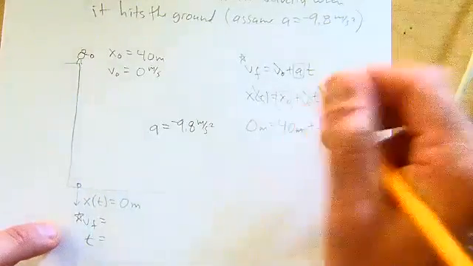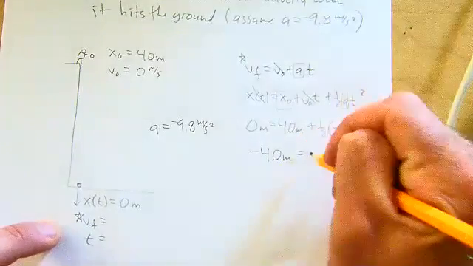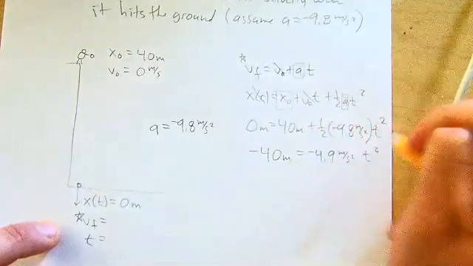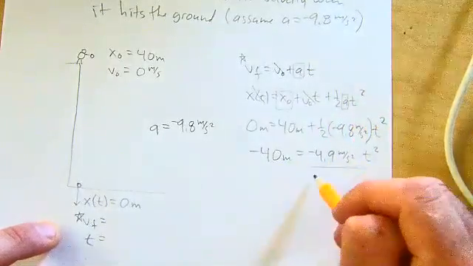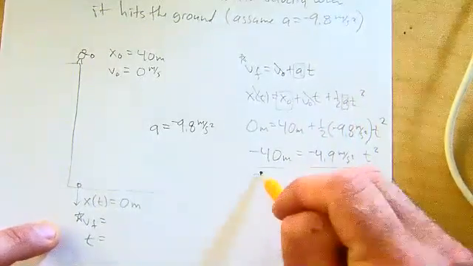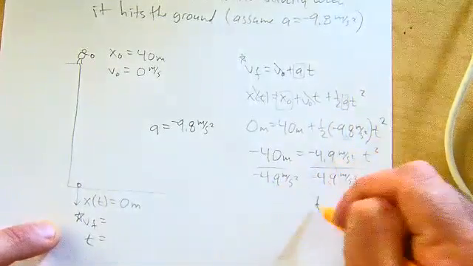I'll minus the 40 over to the other side. Okay, 1/2 times 9.8 is negative 4.9. Divide each side by negative 4.9 meters per second squared. Okay, that'll give me t squared.